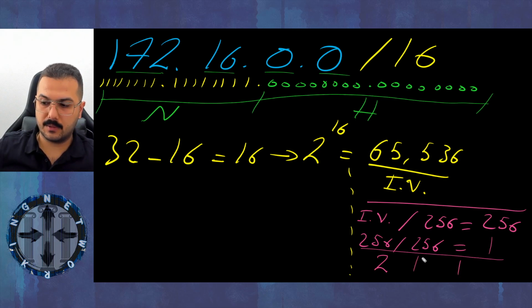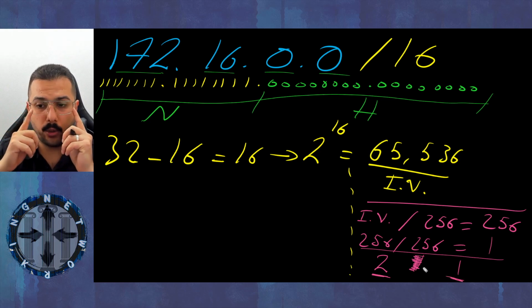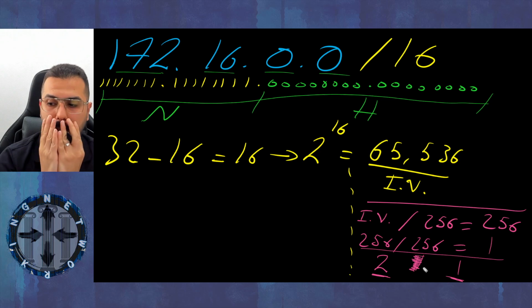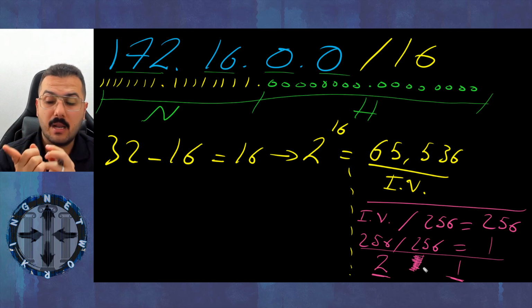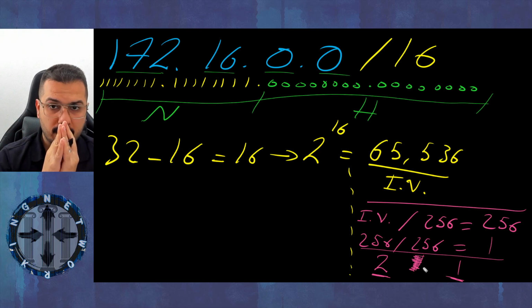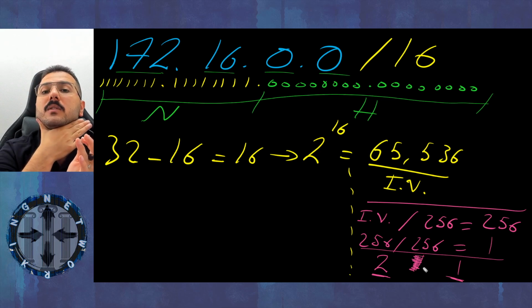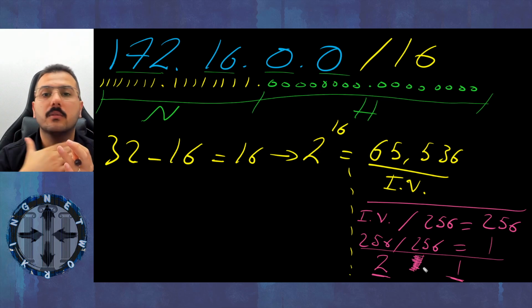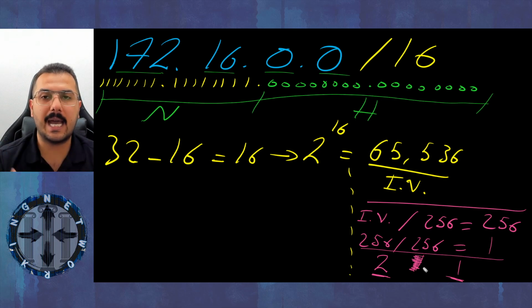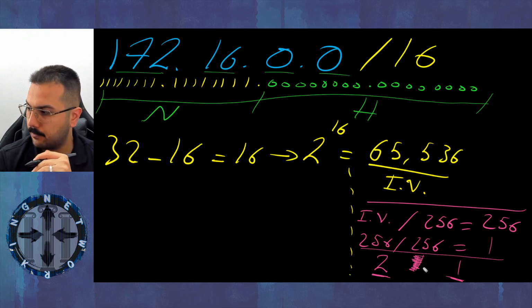I divided twice, and the result was 1. What should I do with this? The number of divisions equals the number of filled octets. Completely filled. How do you fill an octet so that you can't add more IP addresses to it?